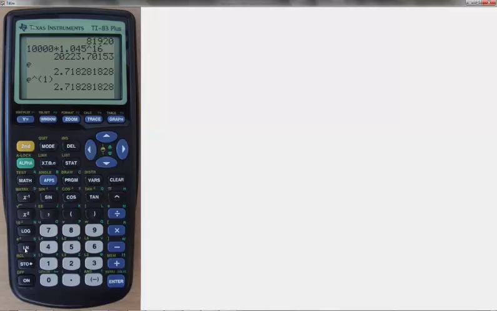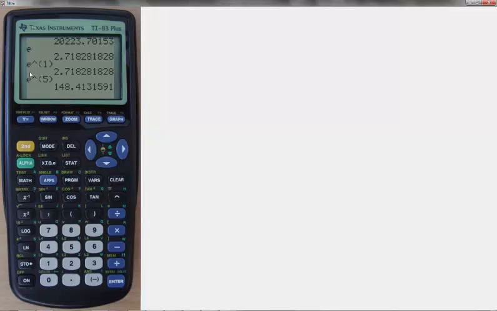But say you want to do e to the 5, it's between 2 to the 5th, which is 32, and 3 to the 5th, which is 243. So yeah, that gives you powers of e.